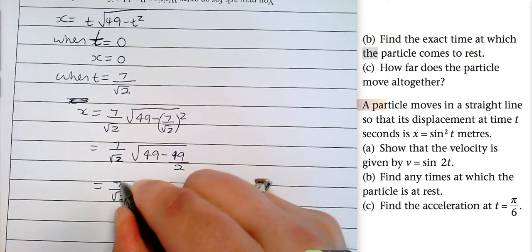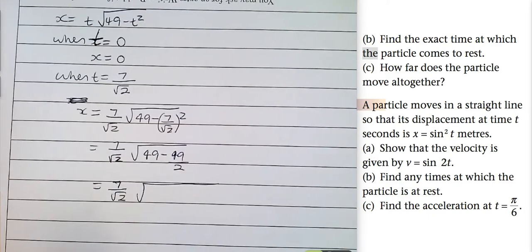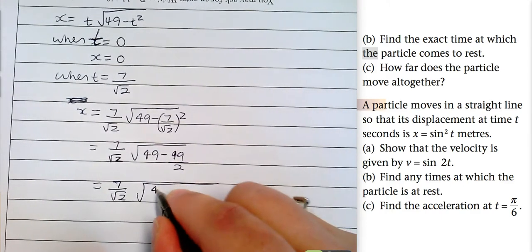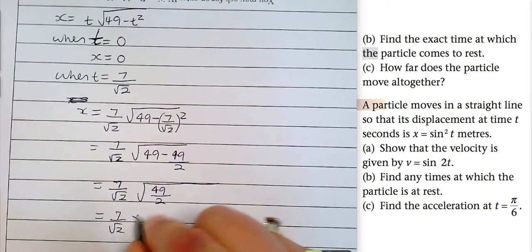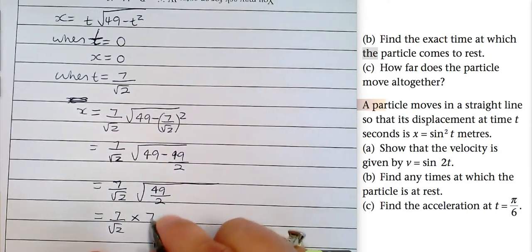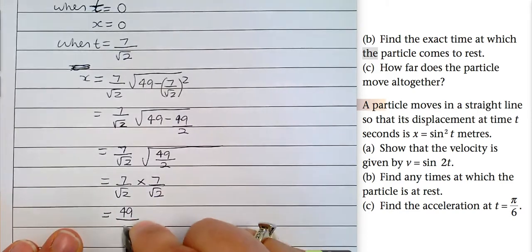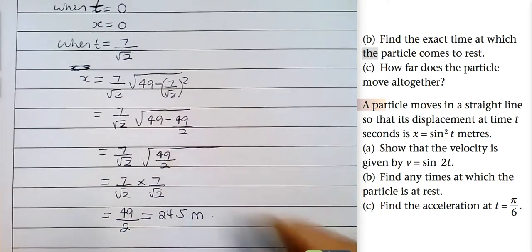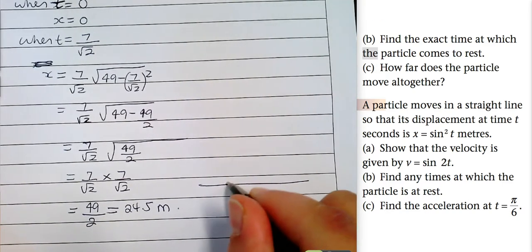What's 98 minus 49? 49 on 2, which is 7 on root 2 times 7 on root 2, which is 49 over 2, which is 24.5 metres.